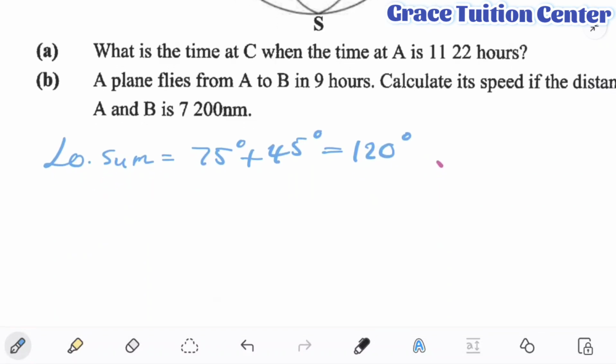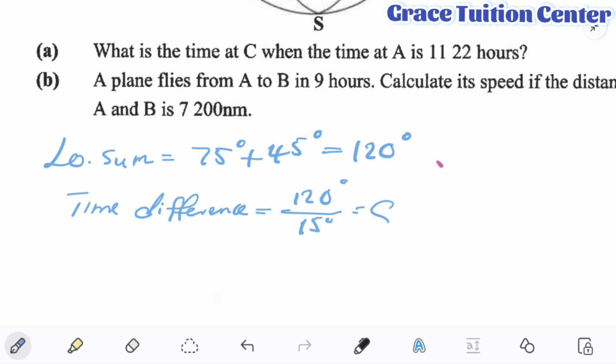So let's go ahead and calculate how many 15 degrees are there in 120. So the time difference between the two towns is equal to 120 degrees over 15 degrees, and we get how many times does 15 go into 120? It's 8. So the time difference between the towns is 8 hours.